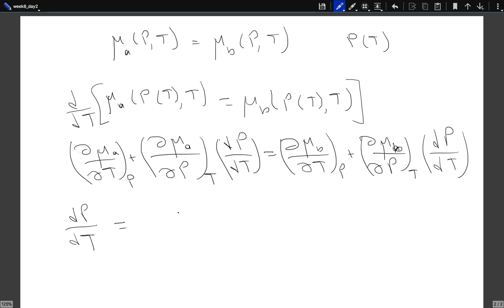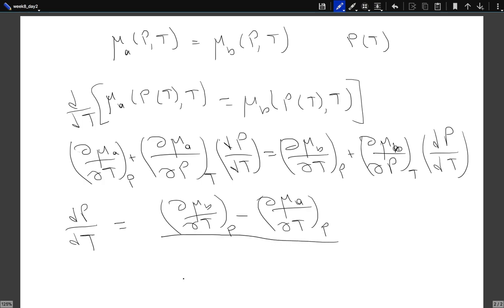This will be equal to the derivative of mu B with respect to temperature at constant pressure minus the derivative of mu A with respect to temperature at constant pressure, divided by, let's see, the derivative of mu A with respect to pressure at constant temperature minus the derivative of mu B with respect to pressure at constant temperature.